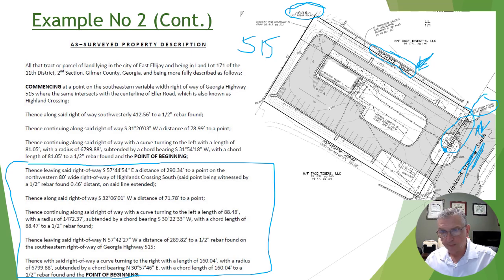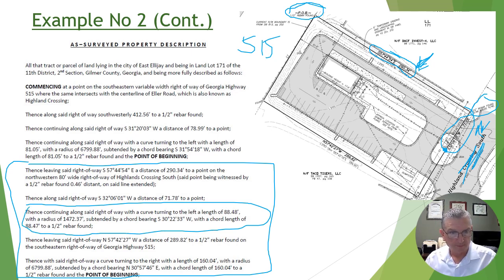And that's just a point of commencement, PC, on the curve. Because then we're coming thence along said right-of-way with a curve turning to the left. You can kind of tell it's turning to the left. There's the arc length and radius, then the chord bearing and distance to a 1/2 inch rebar found. Here is our 1/2 inch rebar found.